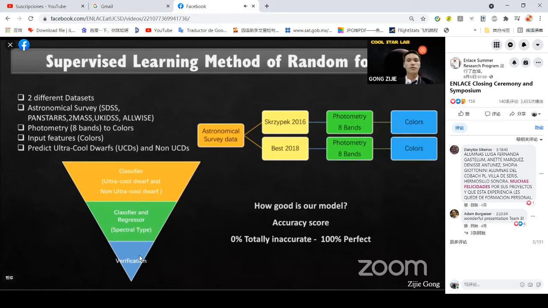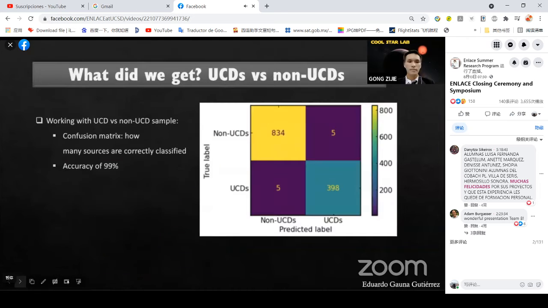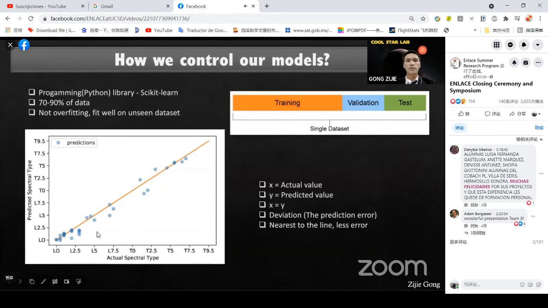To see how good our random forests are, we check the accuracy score. Our goal is to get as close to 100% as possible. Next slide, please. To achieve this goal, we use some parameters in our random forest models. We set up the number of trees, random state, and class weights.